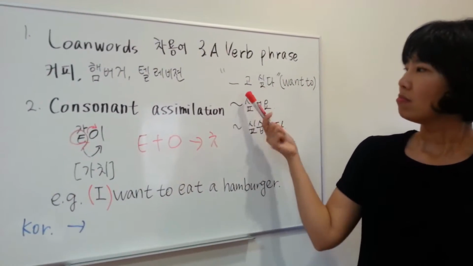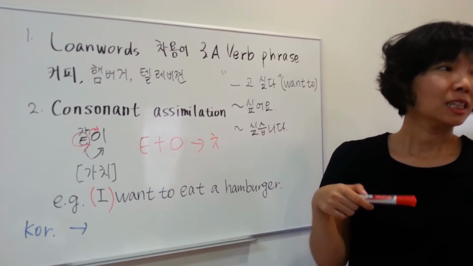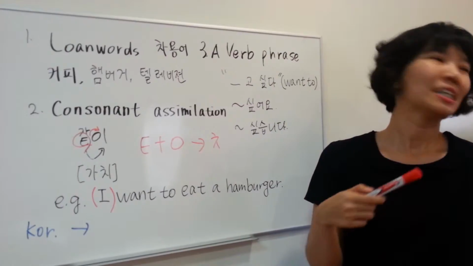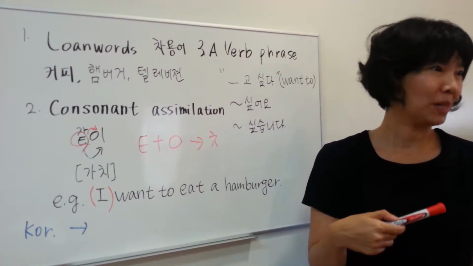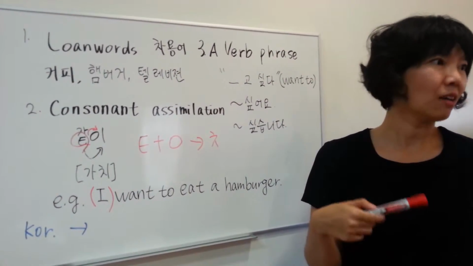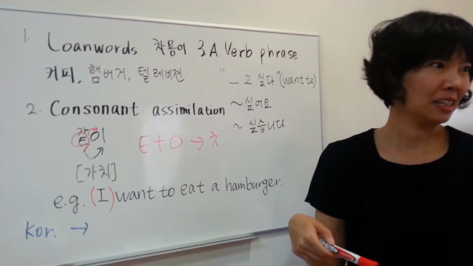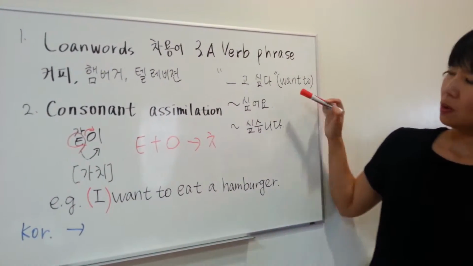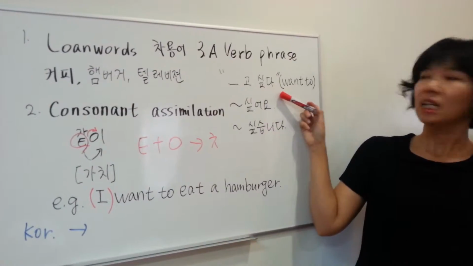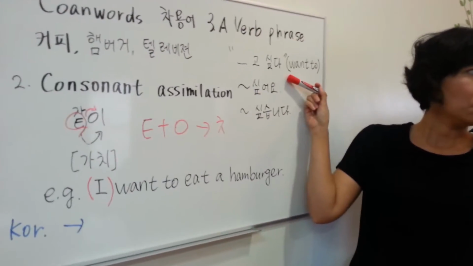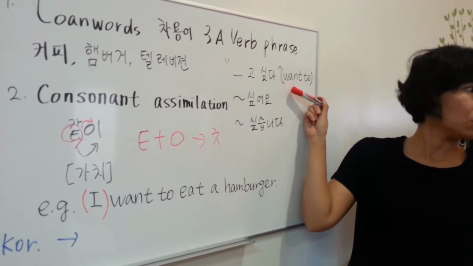So 커피를 마시고 싶어요 means I want to have some coffee. So 하고 싶다 is the infinitive form, equivalent to English "want to."